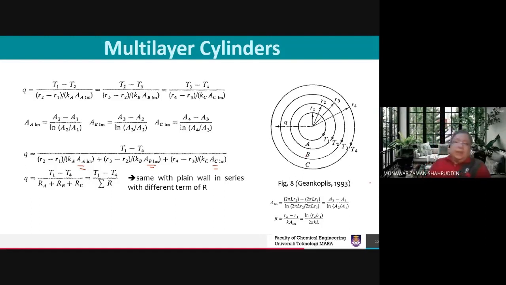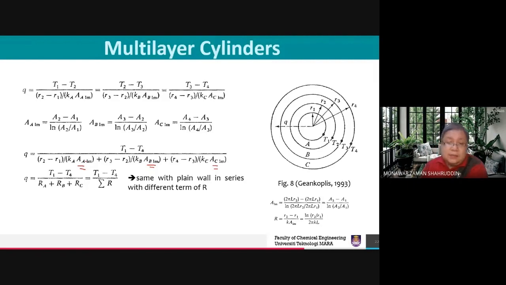And then you compute each R, because it is still in series. You can always sum up the value of R altogether. It's just that you have to cater for different K and different A.